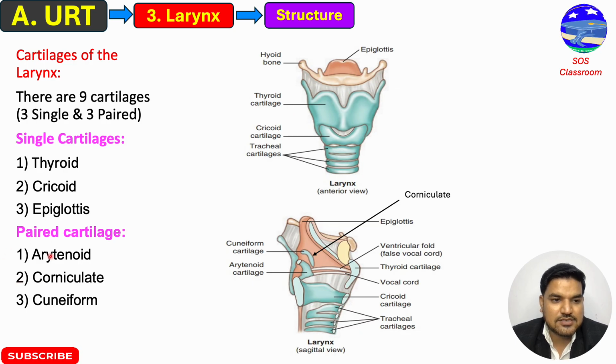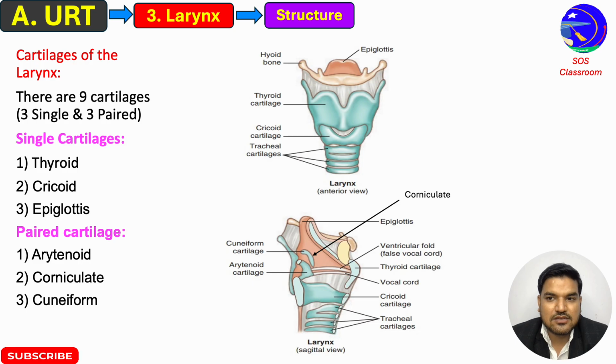Next, the paired cartilages. First are the arytenoid cartilages. Next are the corniculate cartilages. And third are the cuneiform cartilages. So a total of 9 cartilages are present in the larynx.